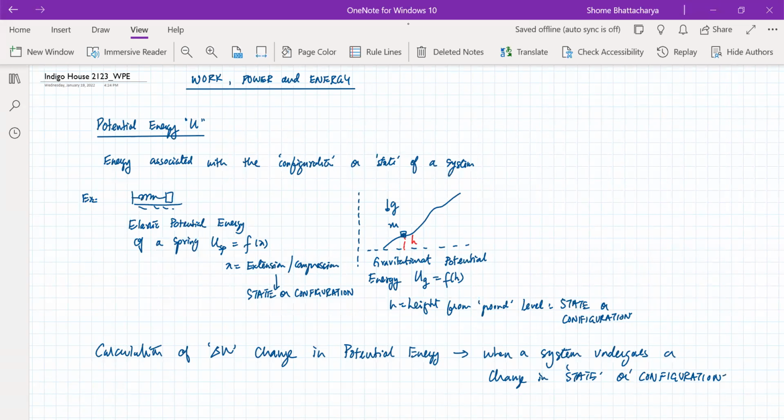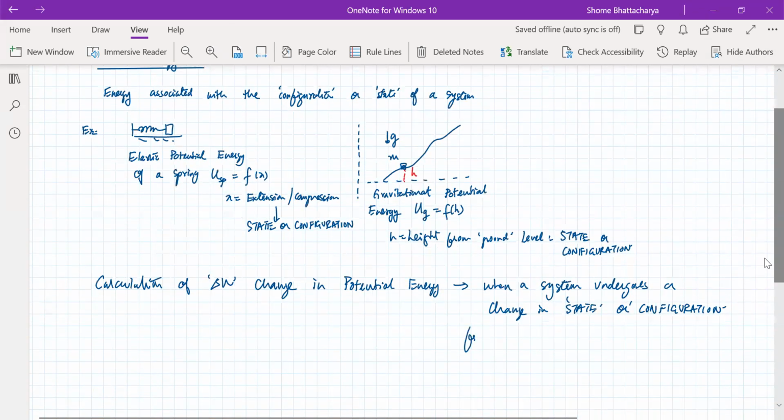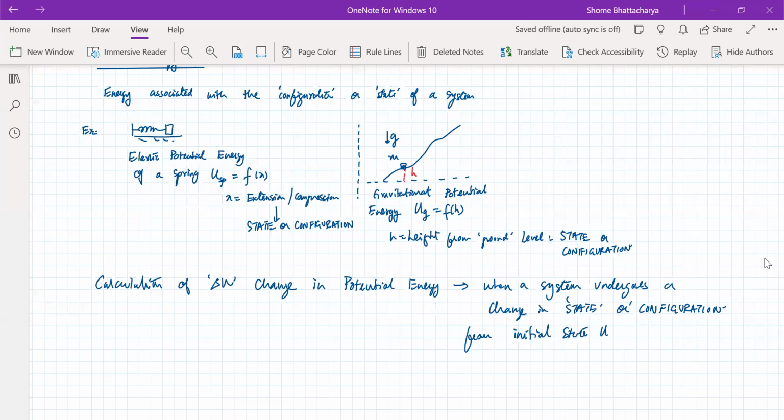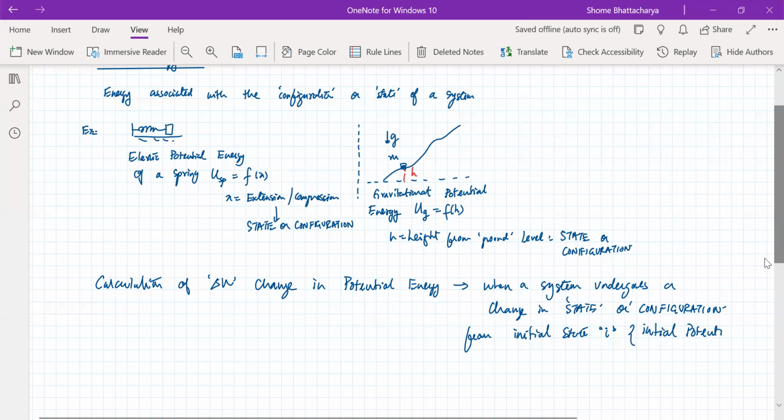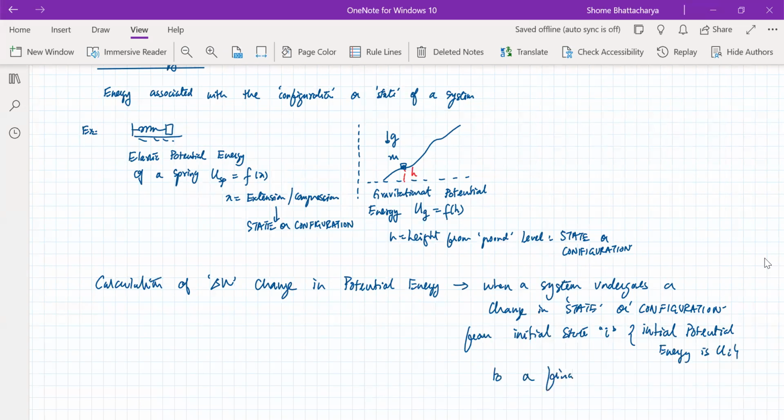So in order to change the configuration or state of a system from some initial state, let's say I, where the initial value of potential energy is Ui, to a final state, let's say denoted with F, where the final value of potential energy is Uf.